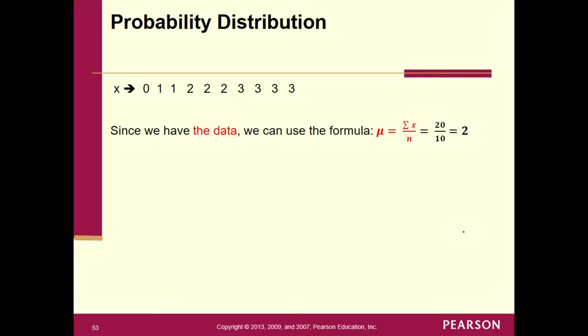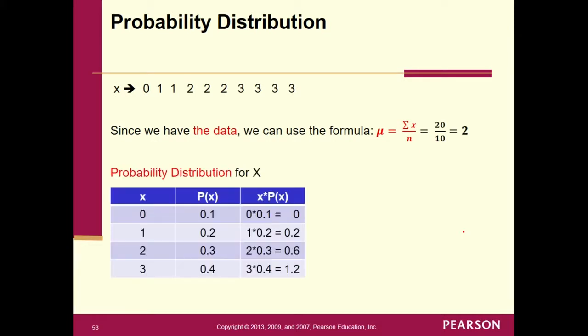And when we used the probability distribution of x and the correct formula, what did we get? We got 2 for the mean of x. These should match up. Actually, they have to, right? They're both calculating the mean of x. It's just that one is using the raw data, the other formula is using the probability distribution of x.